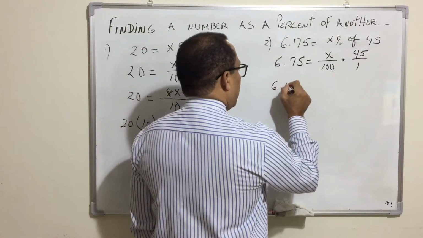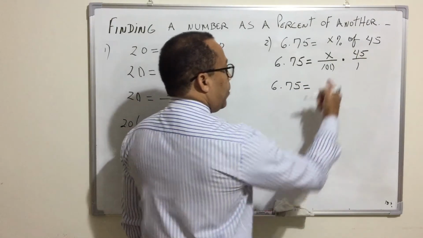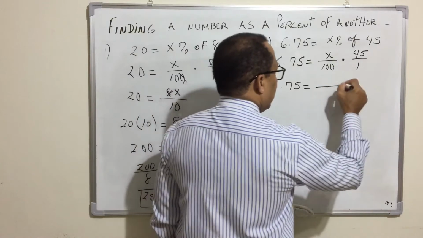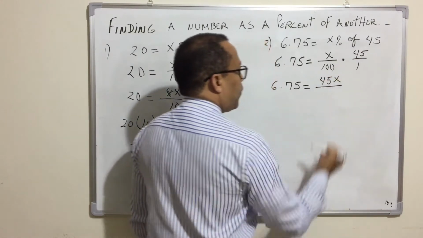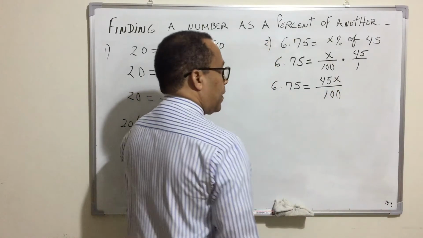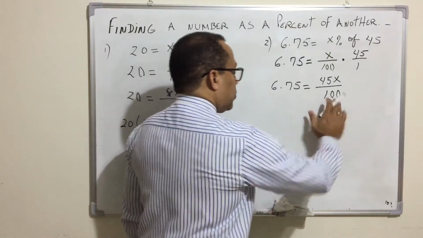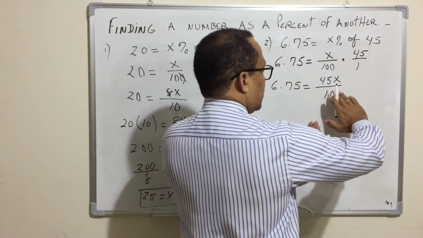6.75 equals, multiply the numerators, multiply the denominators. X times 45 is 45x over 100 times 1 is 100. I'm moving the 100 to the left. This is dividing. The opposite of division is multiplication.